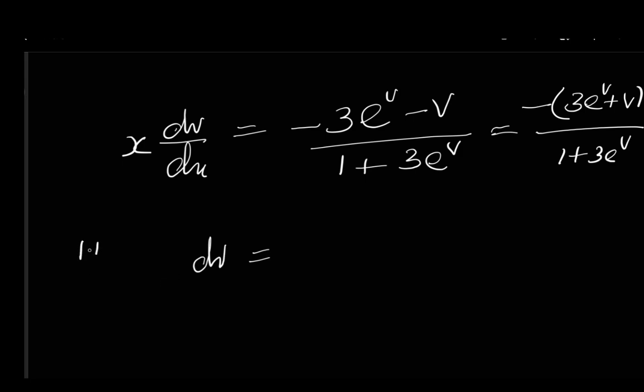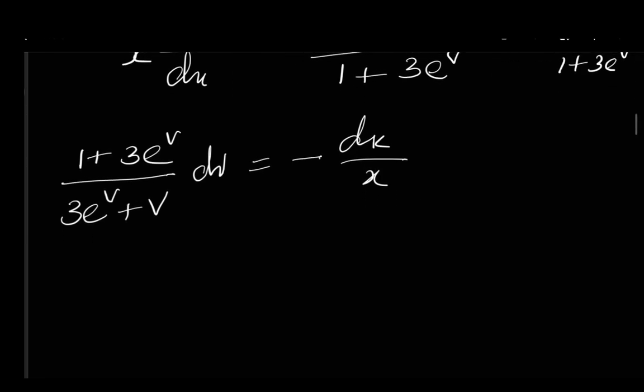So bring this term to this side: (1 + 3e^v) divided by, let the minus be there itself, (3e^v + v), dv equal to dx/x. Let me integrate on both sides. For a fraction, always see whether the derivative of the denominator is in the numerator. The derivative of 3e^v is 3e^v, and the derivative of v is 1. So you are getting the derivative of the denominator in the numerator.